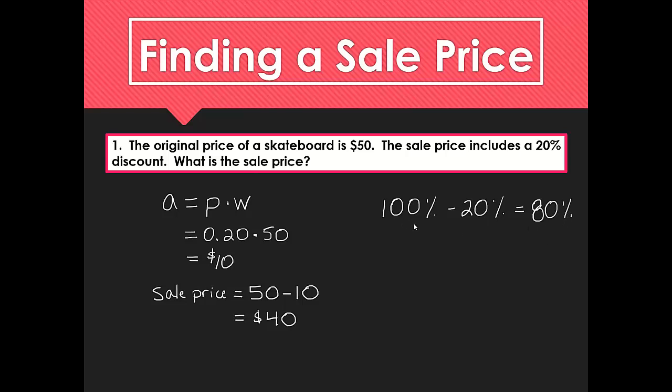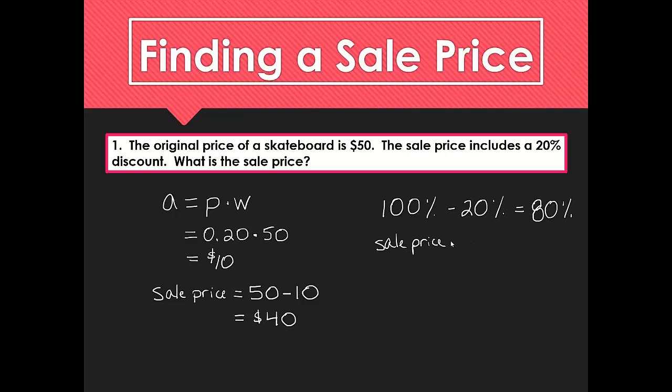So the original price, if we pay the full price, that's 100% of the price. If we have a 20% discount, if we subtract 20% from the 100, we'll find out that we are paying 80% of the original.